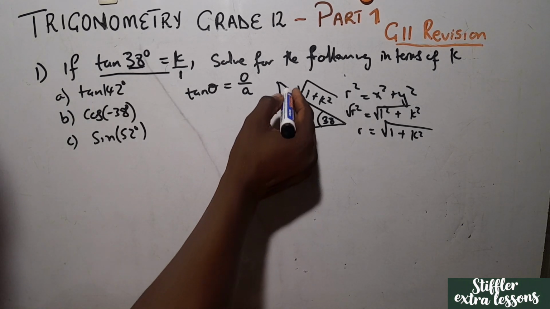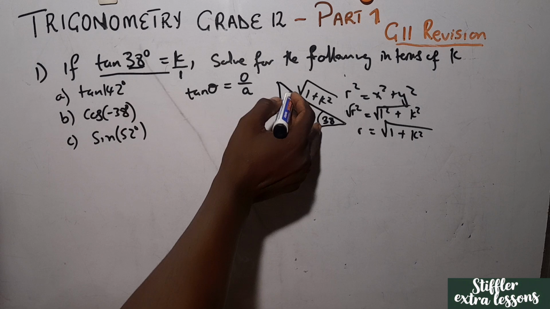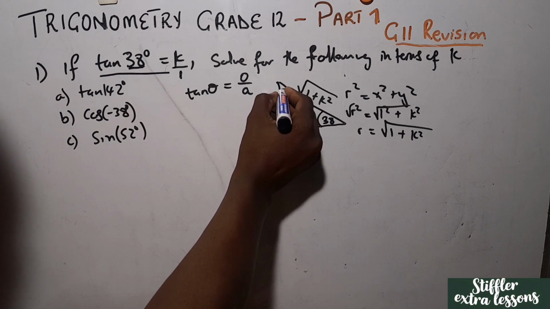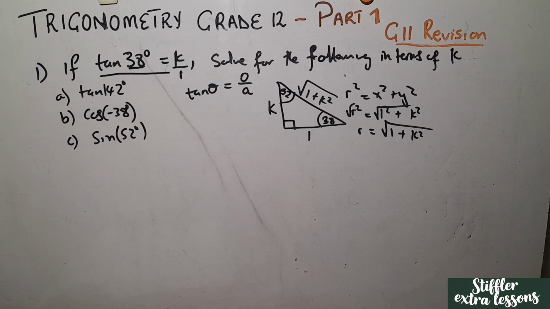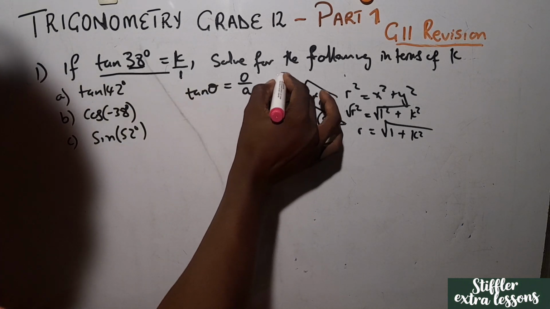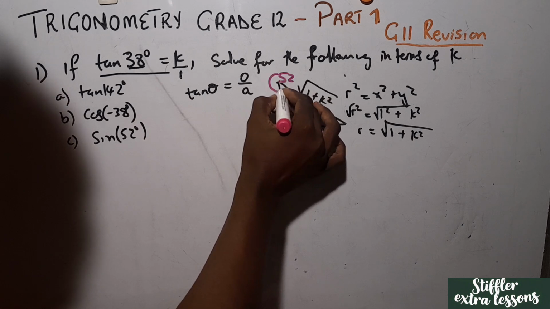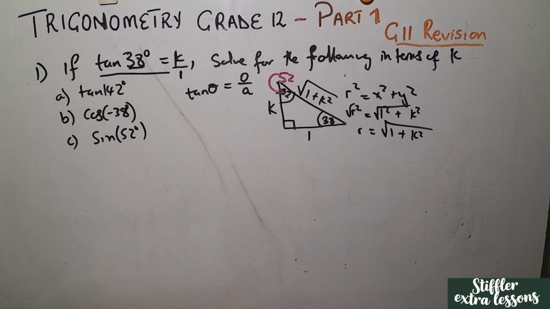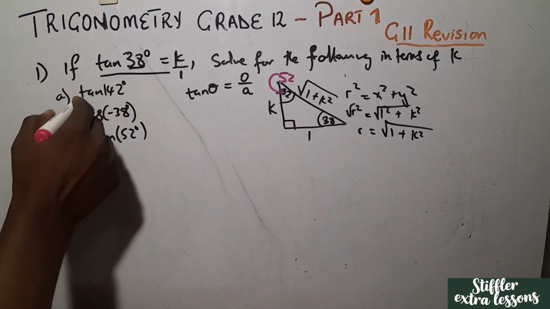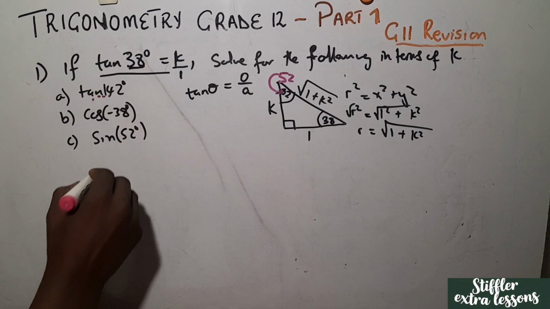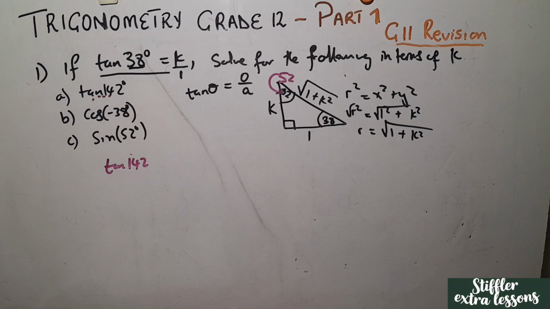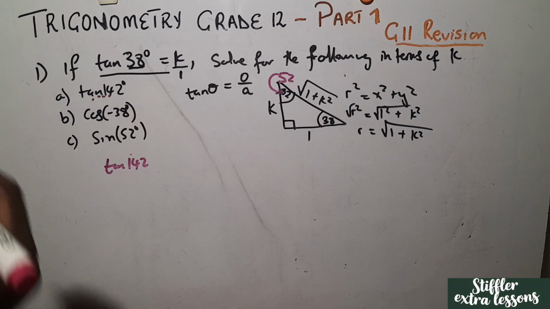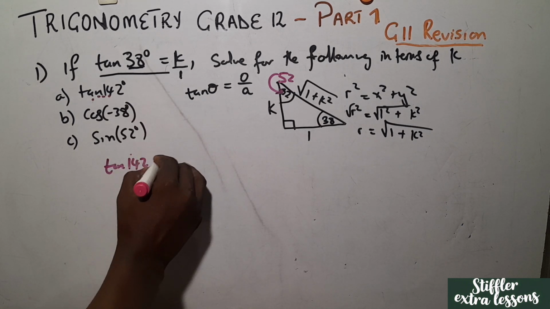So also ask ourselves, if this is 38 and this is 90, what will this become? So we subtract all those from 180, and we get 52 there. I hope this 52 is visible. So let me just write it here. So this is representing this angle there. So let's solve this. Obviously we use reduction angles. So tan of 142. 142 falls in the second quadrant, and in the second quadrant we use 180 minus theta.